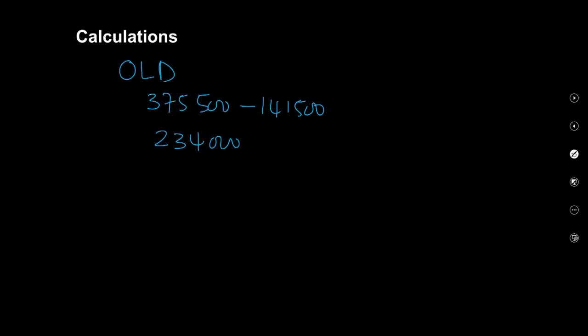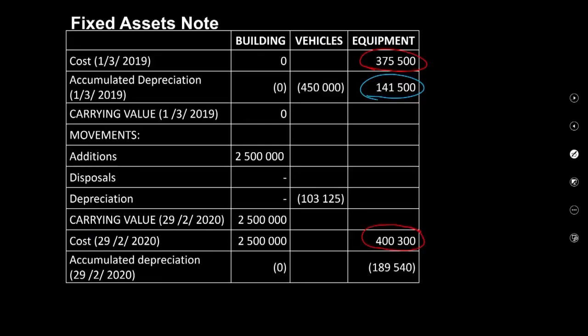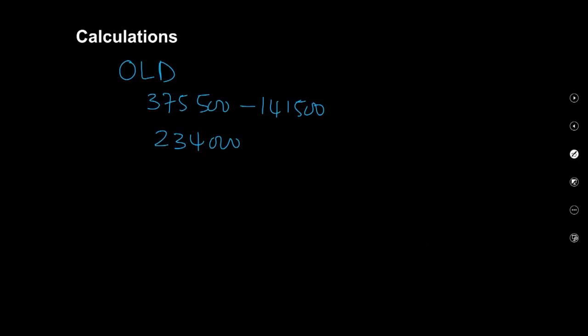What do I need to do? I needed to calculate my depreciation on my equipment at 20% per annum on the carrying value. So I've got my carrying value, which was 234,000. 234,000 times 20 over 100 times your time. You had this equipment for the entire year.